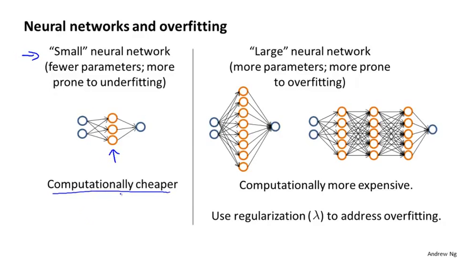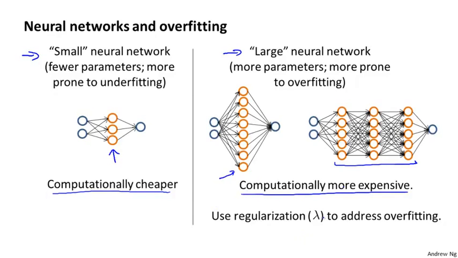An alternative would be to fit a relatively large neural network with either more hidden units in one layer, or with more hidden layers. And so these neural networks tend to have more parameters and therefore be more prone to overfitting. One disadvantage, often not a major one, but something to think about, is that if you have a large number of neurons in a neural network, then it can be more computationally expensive. Although within reason, this is often, hopefully, not a huge problem.